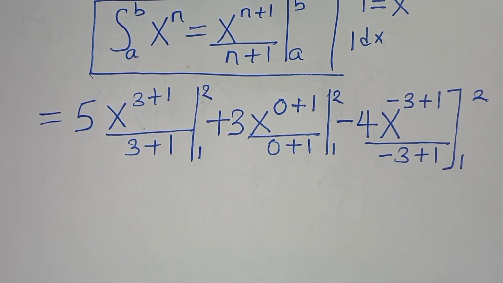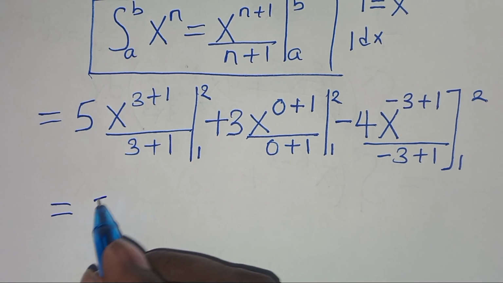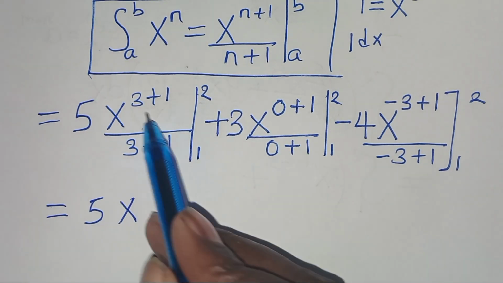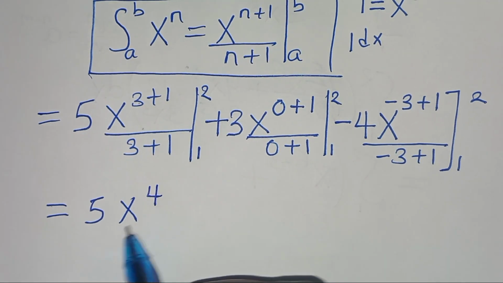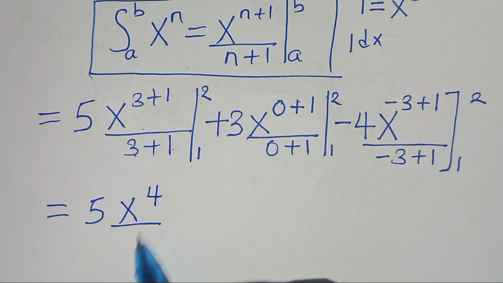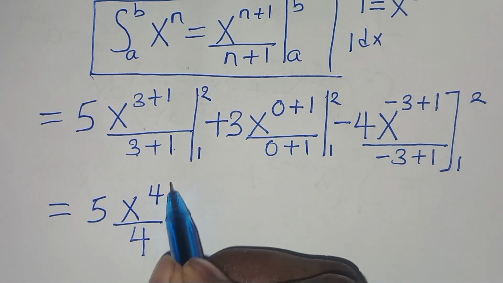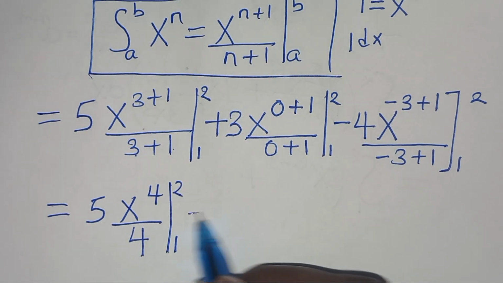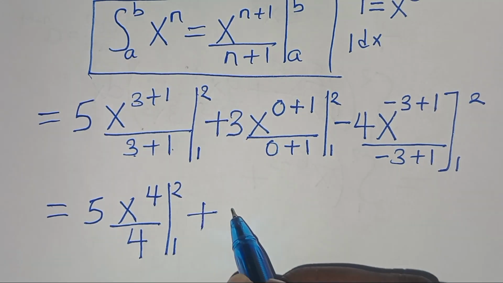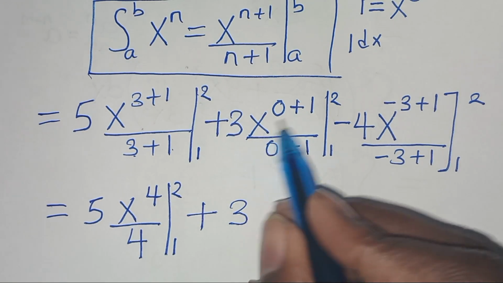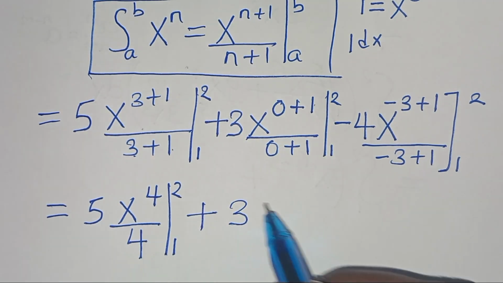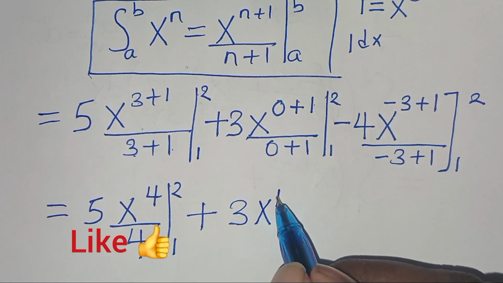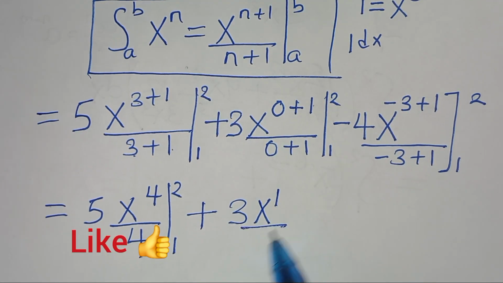The next step from here, we have 5 multiplied by x^(3+1), this is x^4, divided by 3 plus 1, which is 4, then the limit from 1 to 2. Then plus 3 times x raised to the power 0 plus 1, so we have x raised to power 1, because 0 plus 1 is 1, divided by 1.